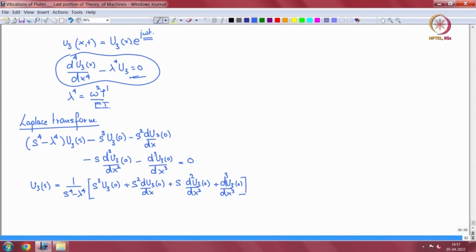Now one should be able to take the inverse Laplace transform of this. You can do it from the tables straight away.